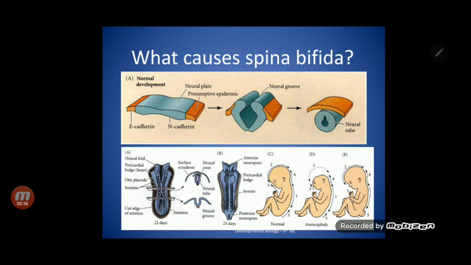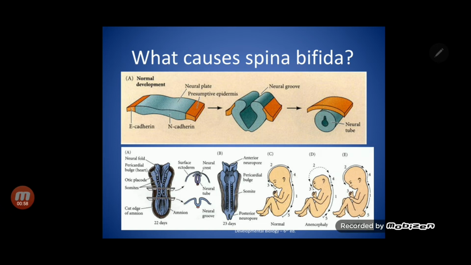Spina bifida is a condition in which the neural tube, which is a layer of cells that ultimately develops into the brain and the spinal cord, fails to close completely during the first few weeks of embryonic development. The human nervous system develops from a small specialized plate of cells along the back of an embryo, called the neural plate.